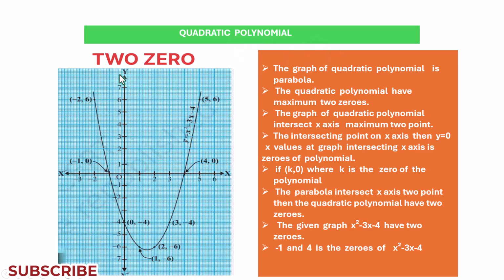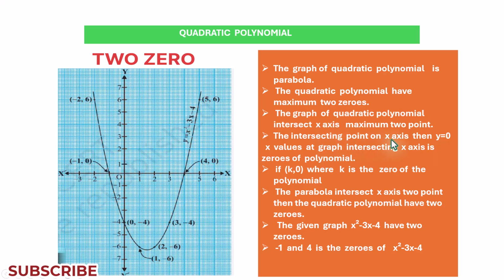Quadratic polynomial: there are three cases, 2 zeros, 1 zero and no zero. The graph of a quadratic polynomial is a parabola. A quadratic polynomial has a maximum of 2 zeros. The graph of a quadratic polynomial intersects the x-axis at a maximum of 2 points.